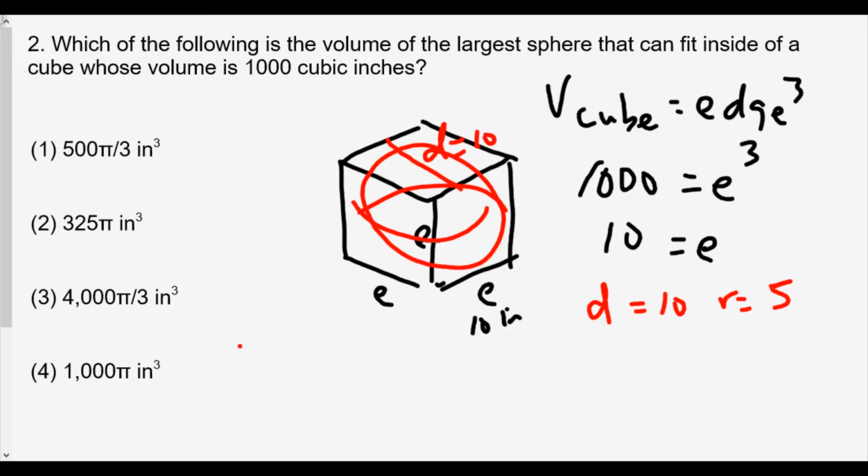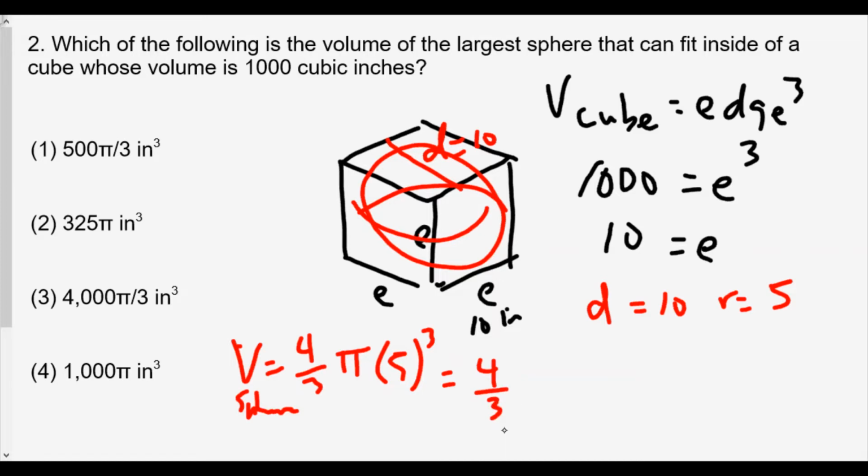So now our volume of the sphere is 4/3 times pi times 5 to the third power. Well, let's see now. That's 4/3 times pi, and 5 to the third power is 125. Well, over 1, because we have a fraction. So if you multiply 4 times 125, that's going to be 500.